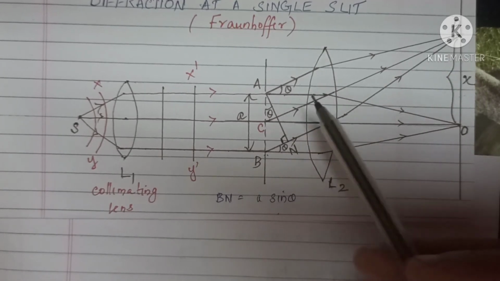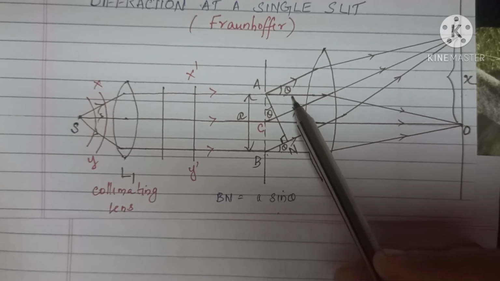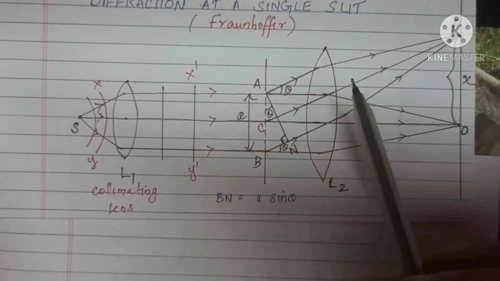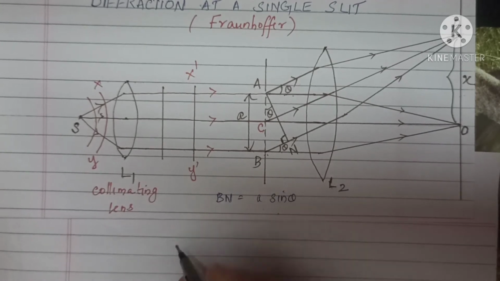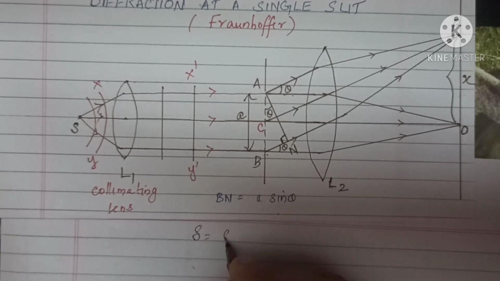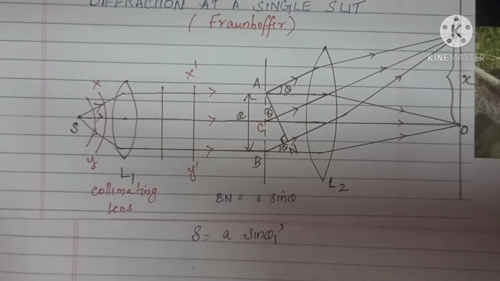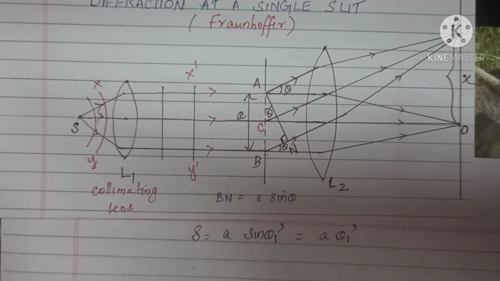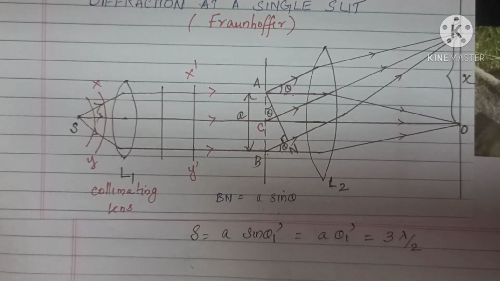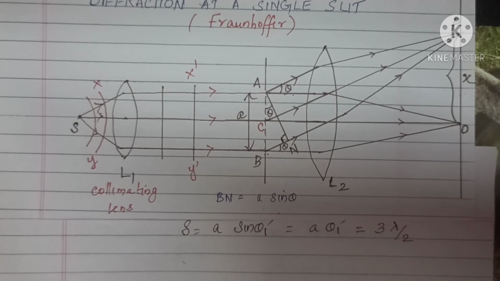Now, here again the path difference has the general expression a sine theta, so delta is a sine theta 1 dash, or a theta 1 dash. And here this path difference is equal to 3 lambda by 2.